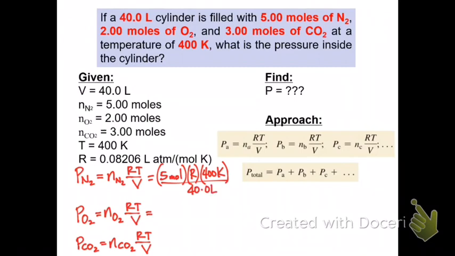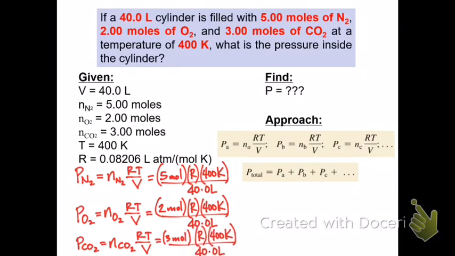We can do the same thing for the other two gases. The number of moles of oxygen gas is 2, times RT divided by V. And then for carbon dioxide, that's 3 moles times RT divided by V.